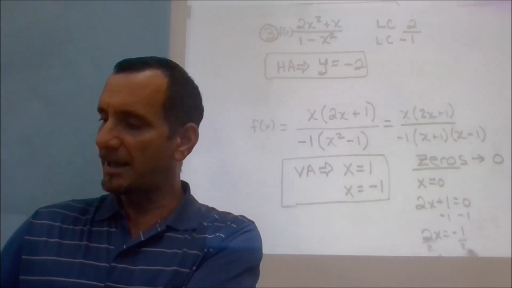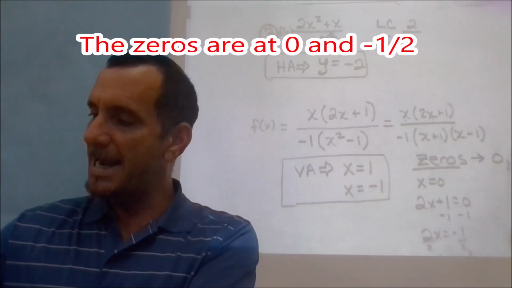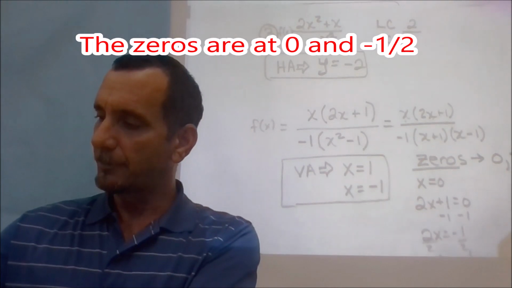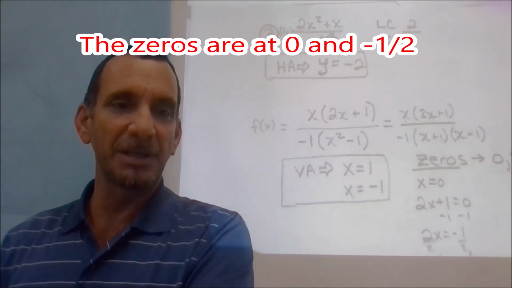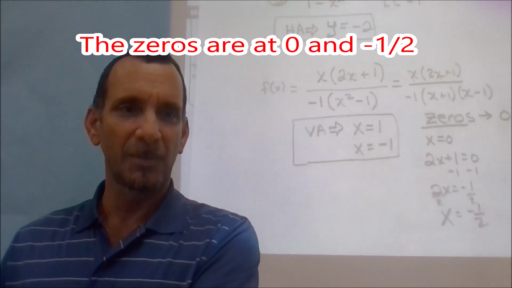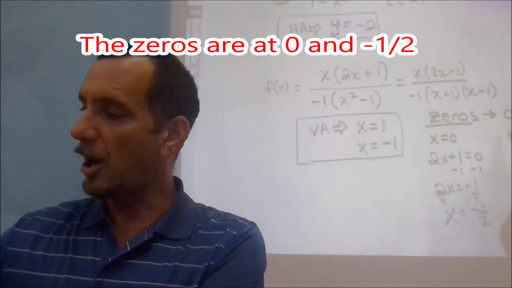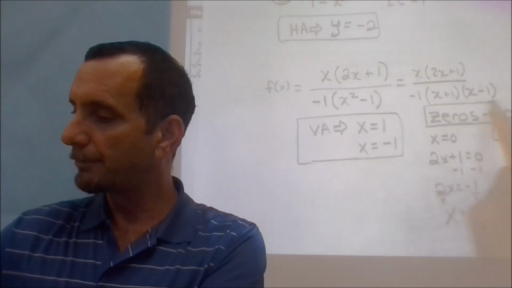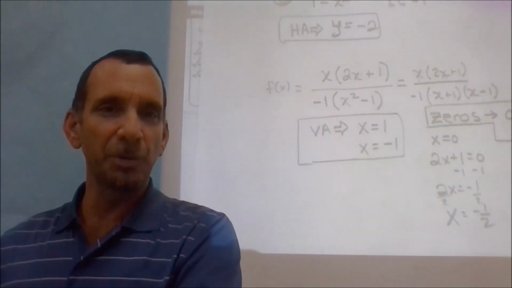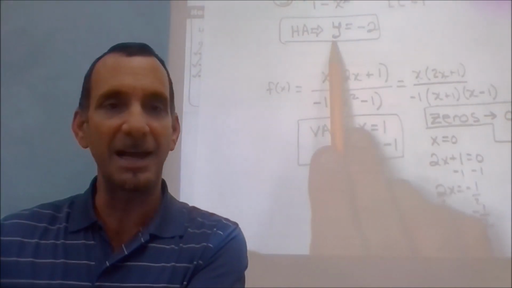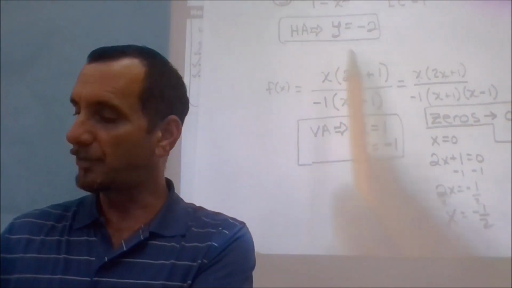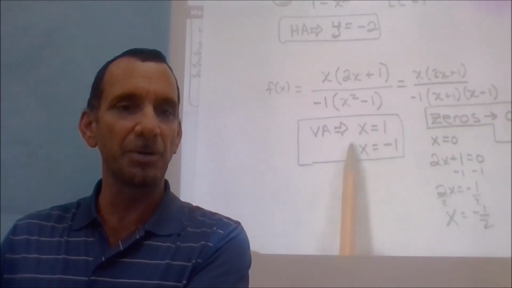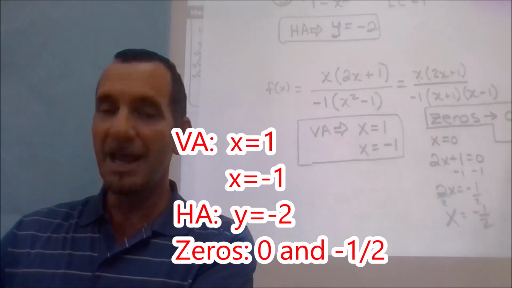So x equals negative 1/2. At negative 1/2, we are also going to see the curve cross the x-axis. So this was a good one. We've got the horizontal asymptote, y equals negative 2, vertical asymptotes, and the zeros.